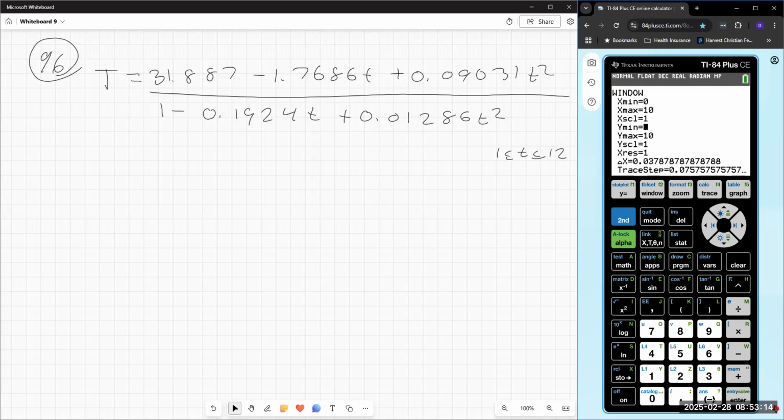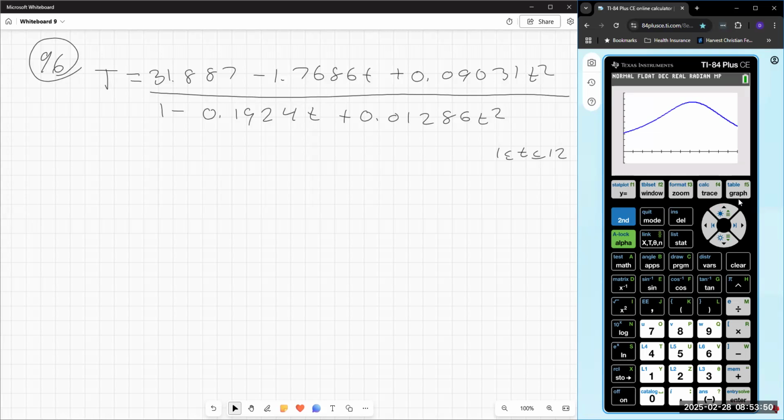Let's go between negative 15, and this is New York City, so that's why I'm picking such a low temperature there, and maybe 100 for the high. Let's make this negative 20, let's go by tens, and this is going to be 0 to 12. Okay, so let's graph this. All right, there we go.